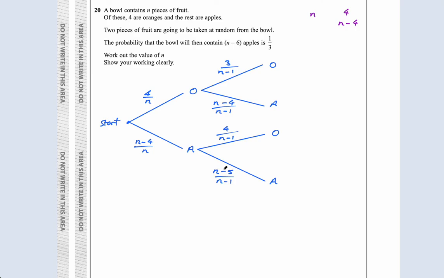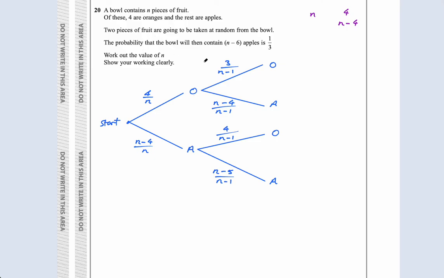So this would be n minus 5 over n minus 1. Okay, so first step, or second step, done. Not obvious or easy, but there we go.